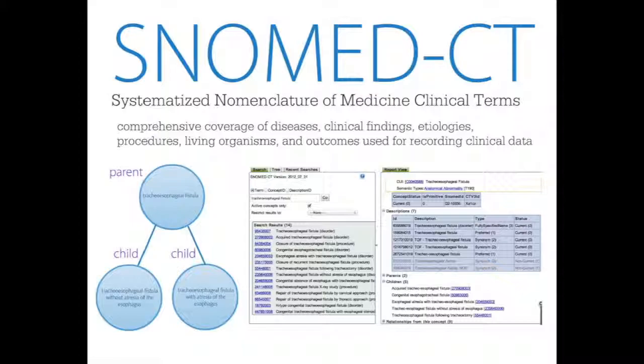So in this example, we have a tracheoesophageal fistula, and there are different subtypes of that.